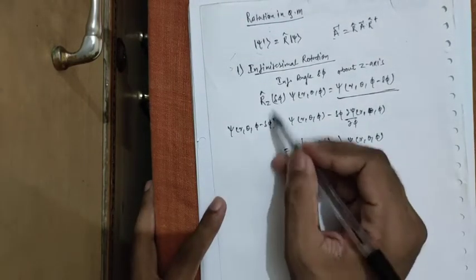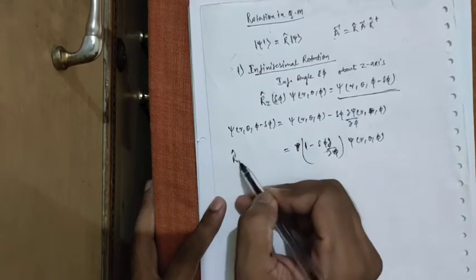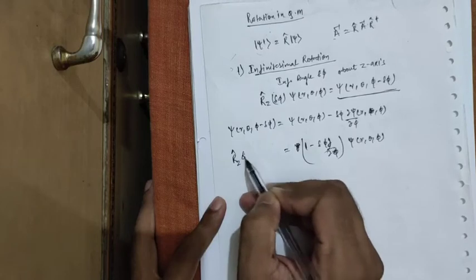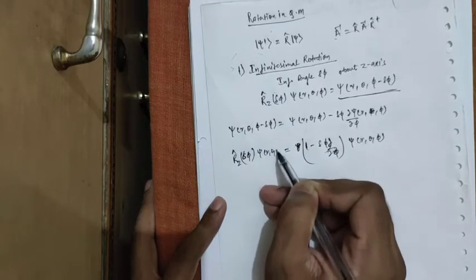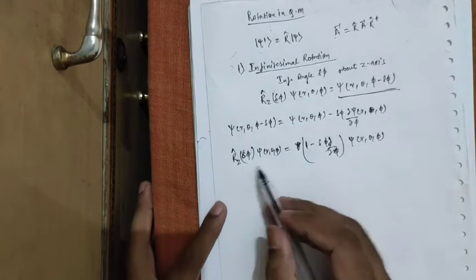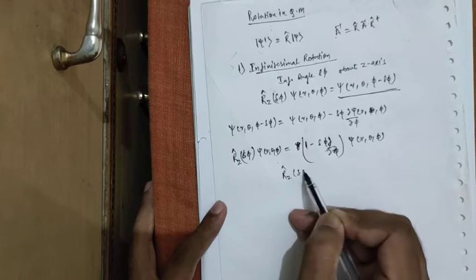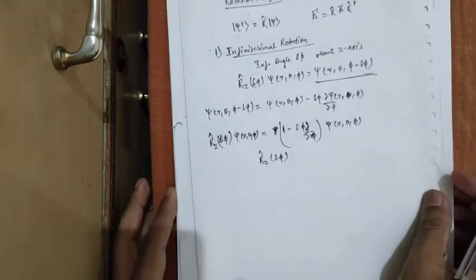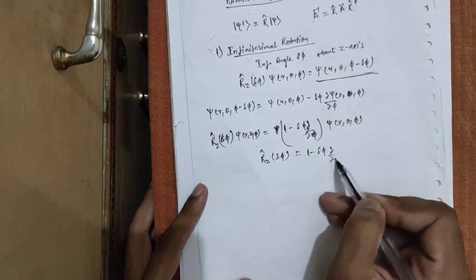which is equal to Rz del phi psi r theta phi. So from here we can say that Rz with infinitesimal rotation del phi is 1 minus del phi curl over curl phi.